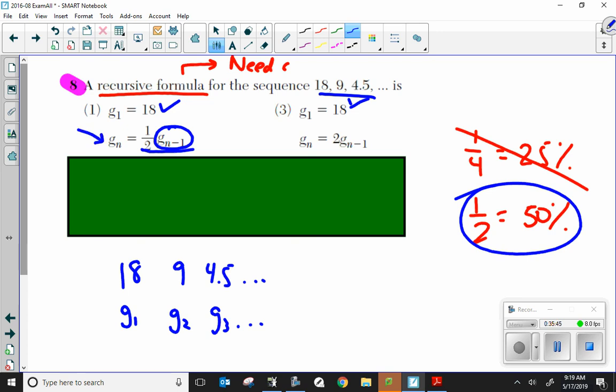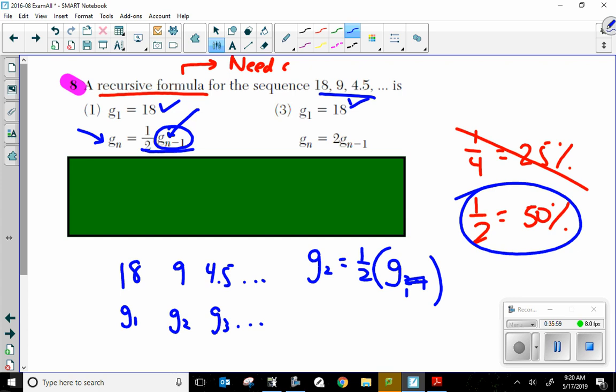So if I wanted to find, let's say, G2, let's say my N was a 2 here. I would take 1/2 and multiply it by G. I'd also have to put a 2 here. So 2 minus 1. What is 2 minus 1? 1. So really, if I'm finding G2, I take the previous term and multiply it by 1/2.